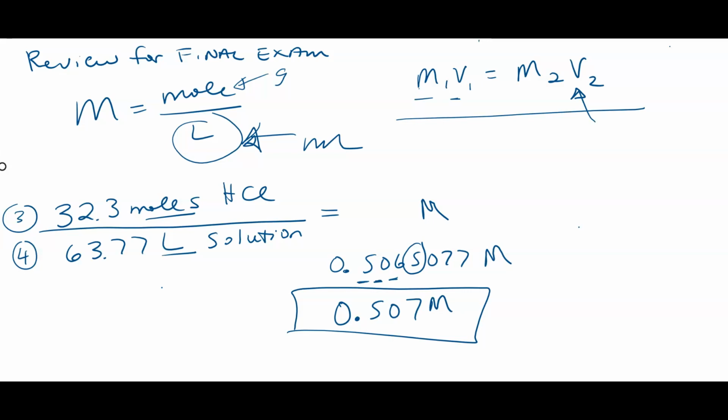And I did a little video on how to use this formula in that titration module when we did titrated vinegar. But in these problems, maybe they'll give you a molarity M1 of 3.25 molar, and a volume 1 of 1.2 liters.